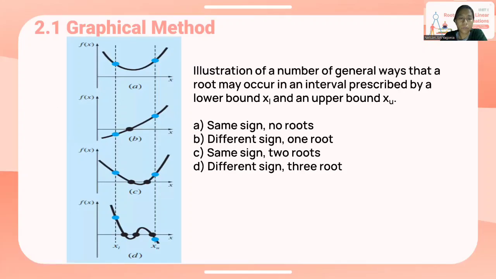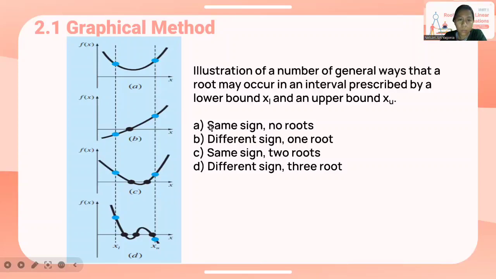For this illustration, this shows a number of general ways that a root may occur in an interval prescribed by a lower bound x sub L and an upper bound x sub U. Here we have 4 different figures showing different roots.